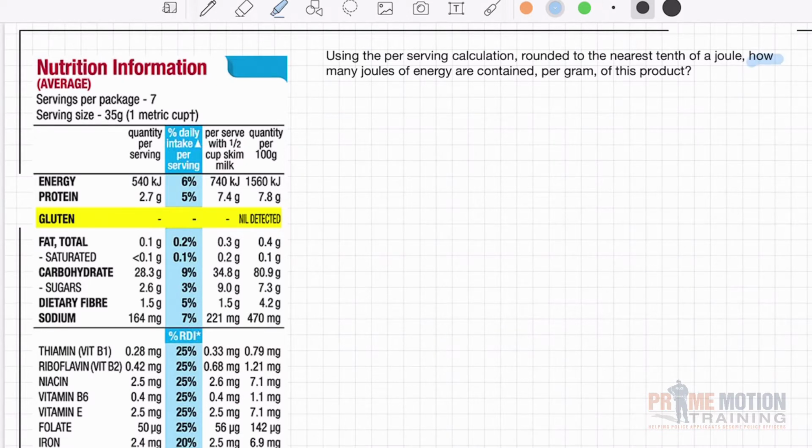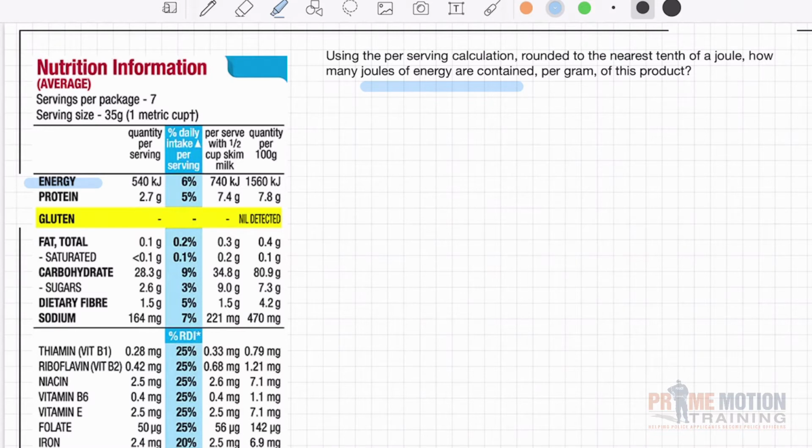And it says then how many joules of energy are contained per gram of this product? How many joules of energy? Okay, so the energy is not the fat, not the carbs, not the sodium, etc., but at the top here we can see energy. So how many joules of energy are contained per gram?